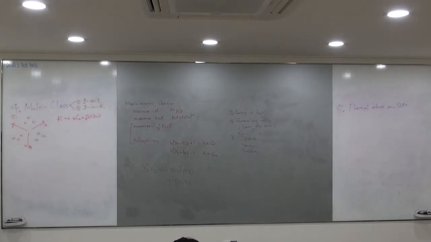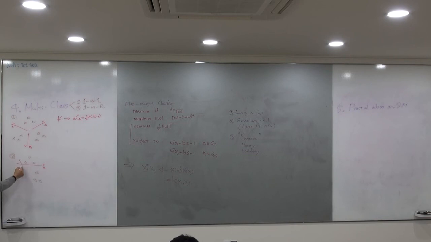Well, the second approach is one versus rest. It classifies class circle versus the rest.